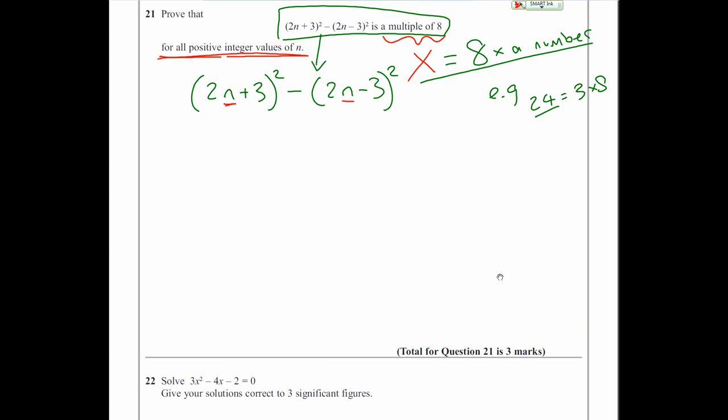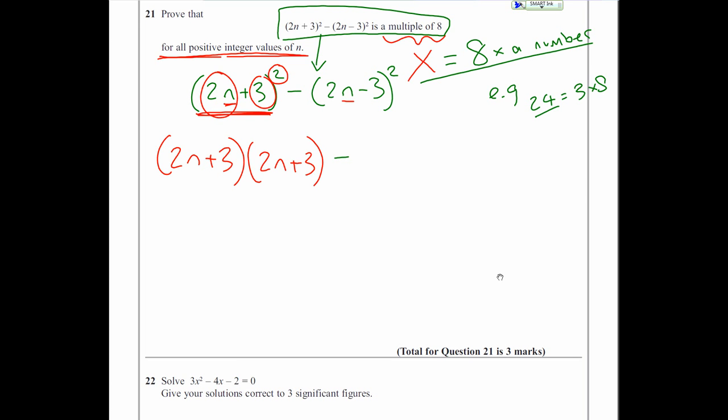So back to the algebra. When you have a squared on a bracket, squared means times it by itself. So times it by itself, the whole thing. Don't start just doing 2n squared, add 3 squared, because it's not right. It's in brackets, you've got to times it by itself again.